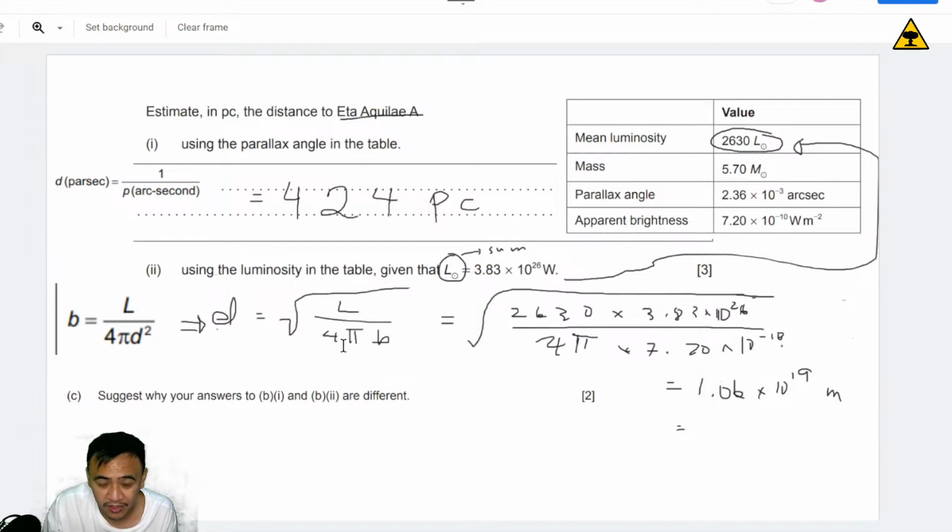There. 1 parsec is 3.26 light years. Which is gonna be this. So I'll just copy this from the booklet. This information is on page 3.